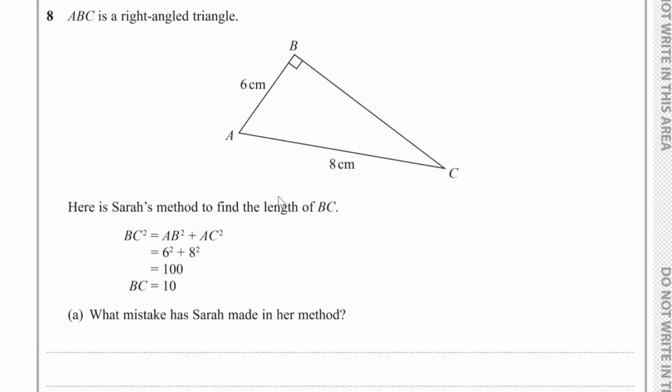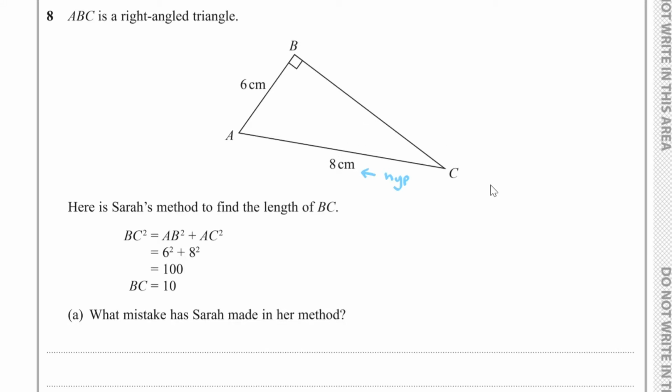For question 8, ABC is a right-angled triangle and AB has a length of 6 centimeters, AC has a length of 8 centimeters. You can first of all recognize over here that the largest side, that's 8 centimeters, would correspond to the hypotenuse.